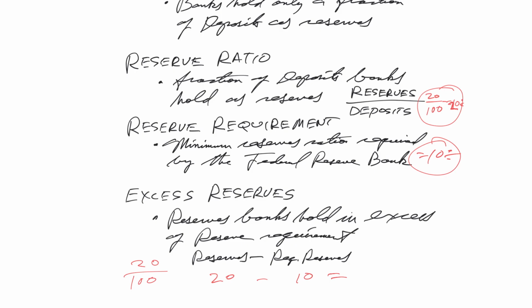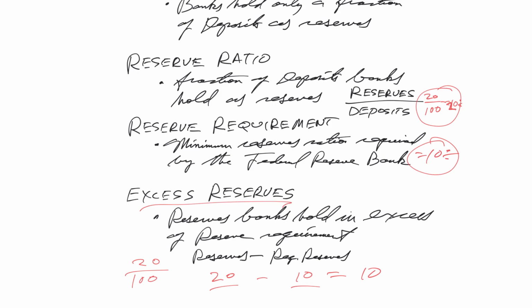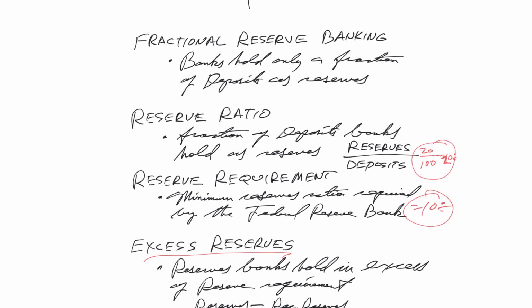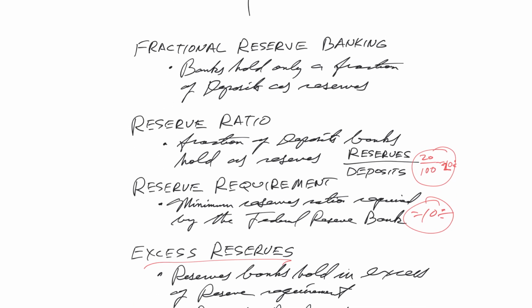So the excess reserves are 10. 20 minus 10, those are the excess reserves. Okay, so we know we were dealing with fractional reserve banking, where banks only hold a fraction of deposits as reserves. The reserve ratio is the amount of reserves divided by the amount of deposits.